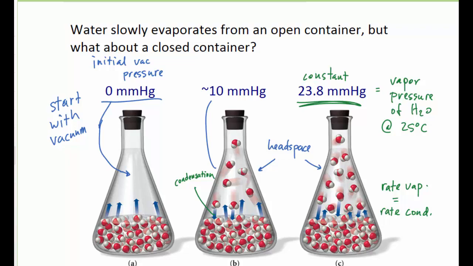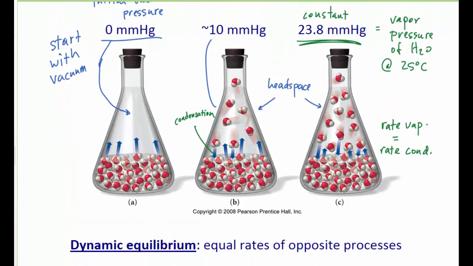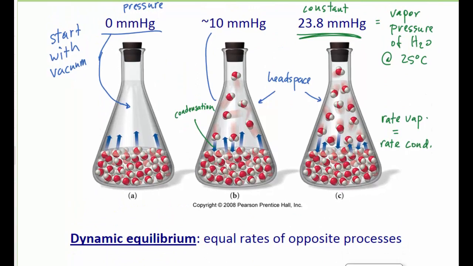When those two opposite processes are the same, that's called dynamic equilibrium. When we have equal rates of opposite processes, dynamic equilibrium leads to constant pressure in this case.